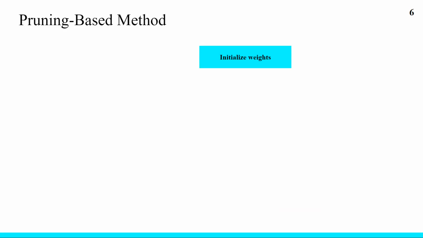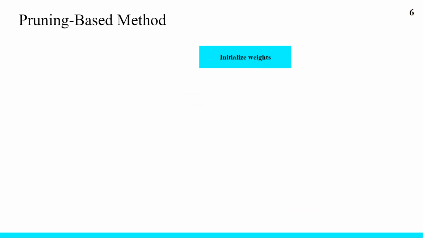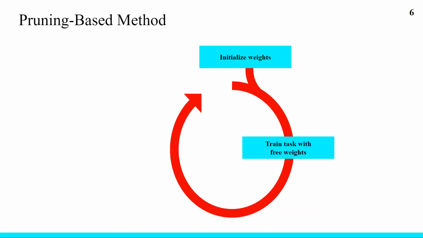Now, pruning-based methods are one of the most common methods for continual learning, and they're the type of method that the work I'm presenting is working with. So I wanted to go over the steps for that briefly. To begin with, you initialize the weights in the network with some starting values like you would for typical neural network training. You then take any of the weights which aren't being frozen or preserving past information.